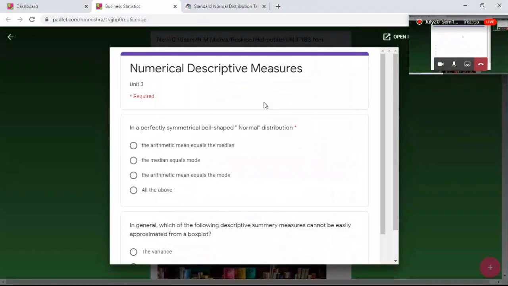The first question is: in a perfectly symmetrical, well-shaped curve, that is a normal distribution, the arithmetic mean equal to median, the median equal to mode, arithmetic mean equal to mode, or all of these. Which one is the correct answer? I have already told you the 5 important characteristics of a normal distribution, and from that you have to give the answer.